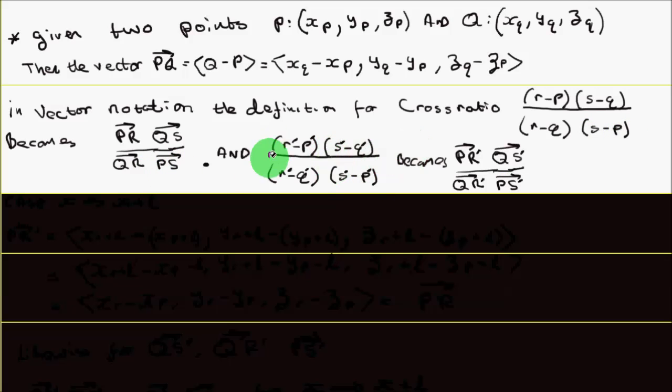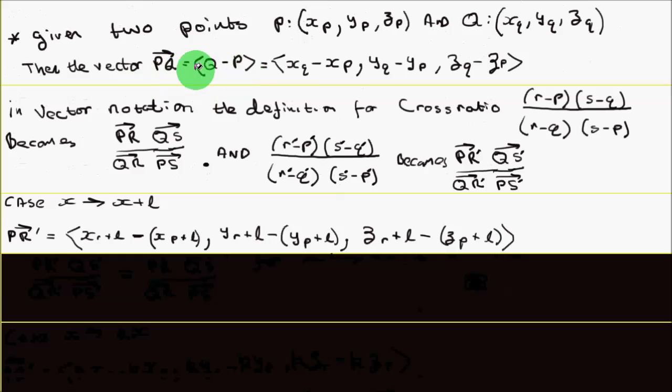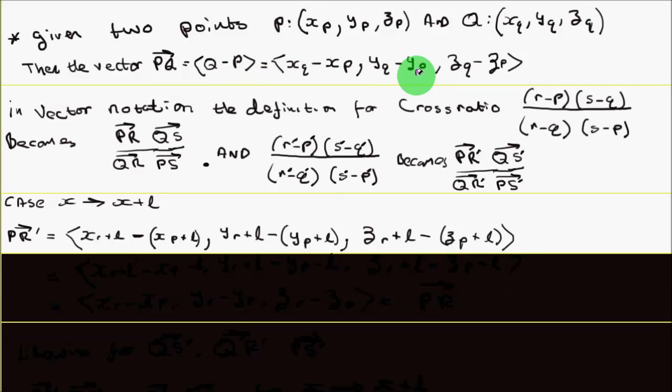Similarly, if we write the primed cross ratio in terms of points, that becomes, in terms of vectors, the cross ratio of those primed vectors. Now the first transformation we'll look at is the case of x goes to x plus L. I've written down the primed point here, and from what we've illustrated here, the primed vector has these components.